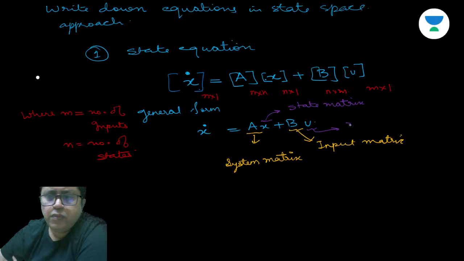U is the input vector. This state matrix, or state vector you can say, is the same thing. X dot is nothing but the derivative of state.